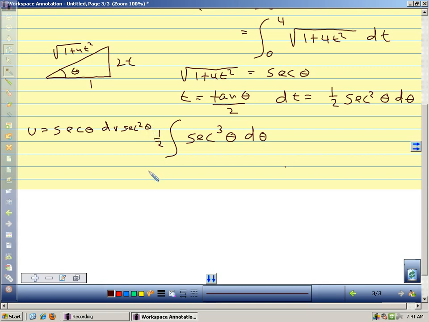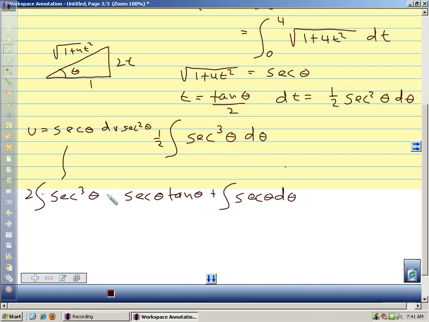That would be your integration by parts, and if you go through it, you end up with 2 times the integral of secant cubed theta equals secant theta tangent theta plus the integral of secant theta. And this one is a tricky one to evaluate also. So I'll go that far, and if you want to do it, you can go from there. This gets you started.